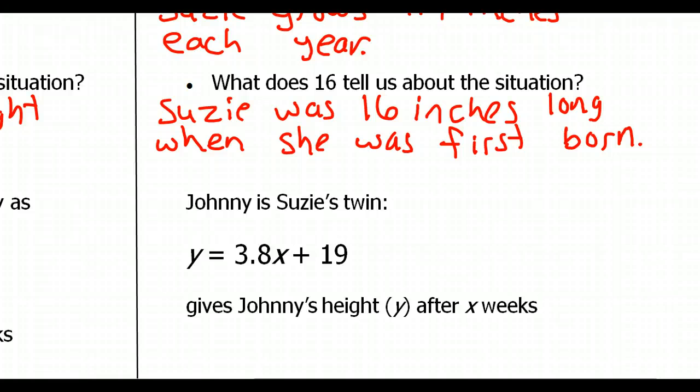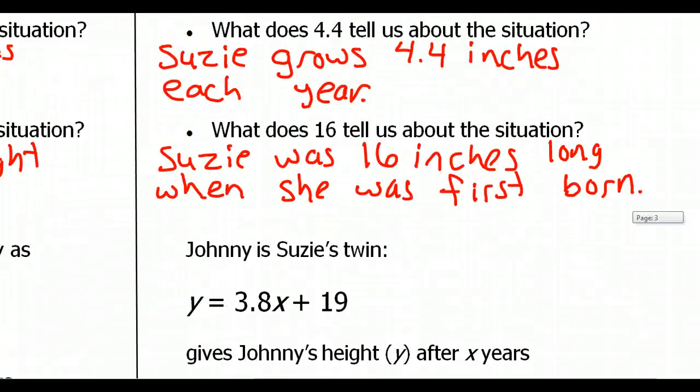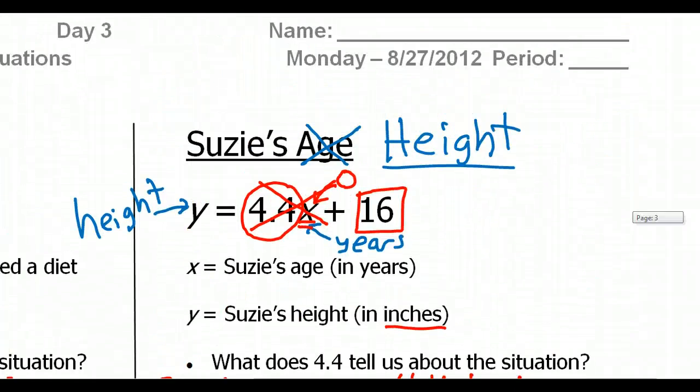So, whoever made this sheet, I wasn't the one who made it, but whoever made this sheet made another mistake right here. This should also say years. Okay, now they match. So fix this on your paper.